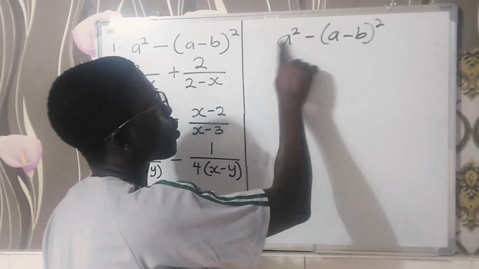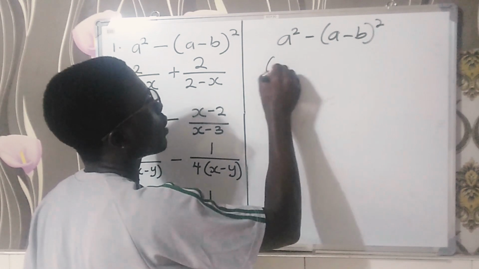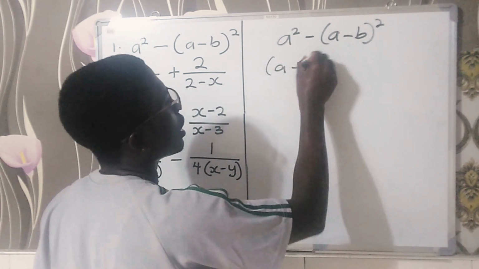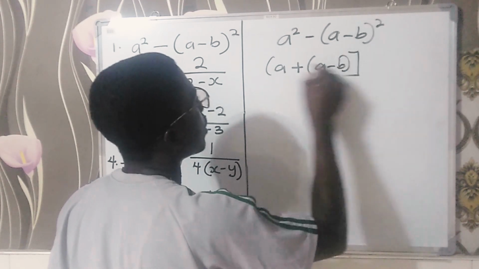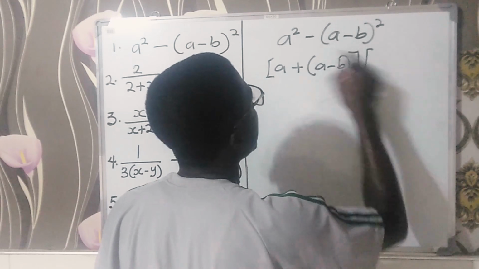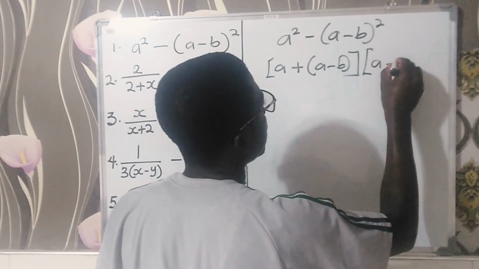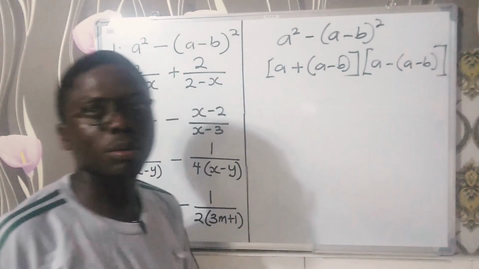So this is difference of two squares, where we say one will be addition, which is a minus b, and then the other one will be the same a, subtraction, a minus b, and a big bracket.